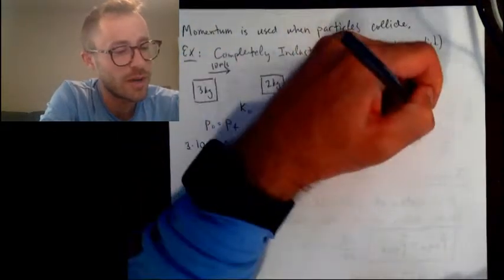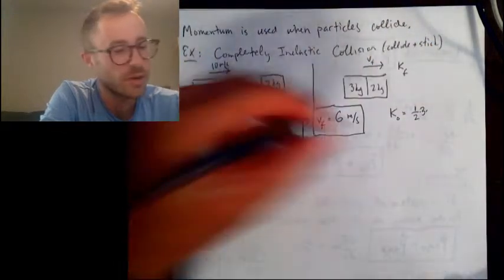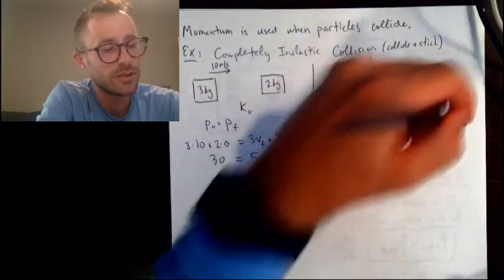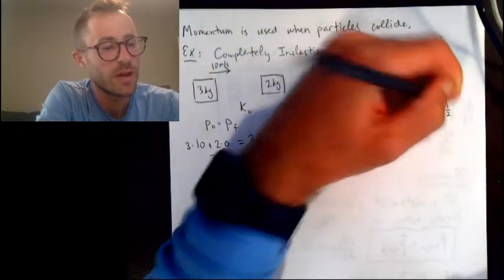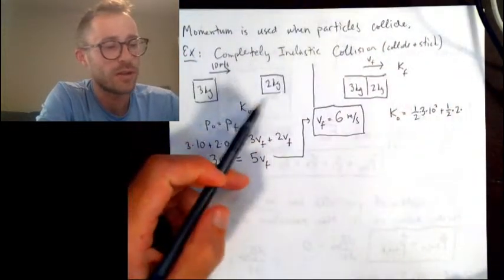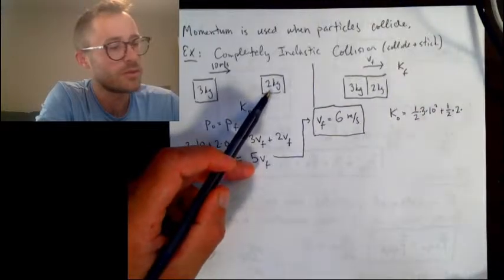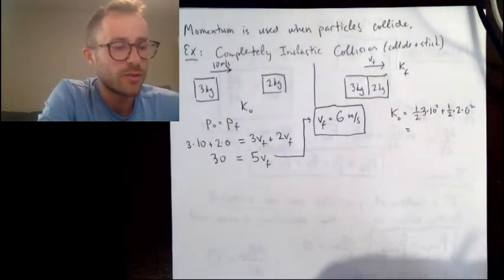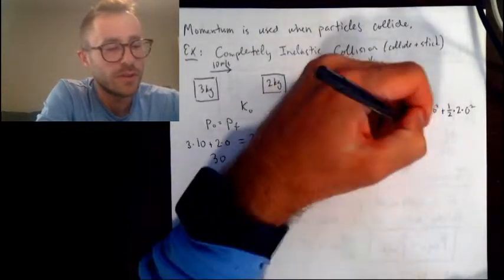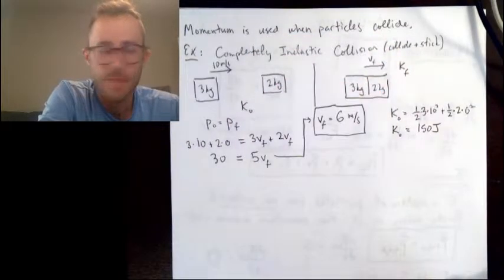We have 1/2 times the mass, which is 3, times the velocity squared, so 10 squared, plus the kinetic energy of the 2 kilogram one, which is 1/2 times 2 times its initial velocity, which is 0, so 0 squared. And so we get 150 joules as the initial kinetic energy, if we simplify that.